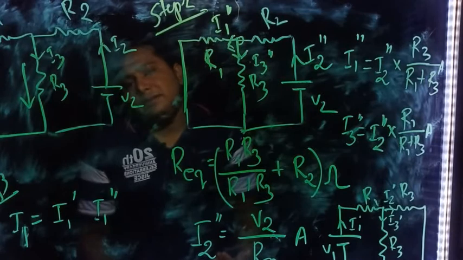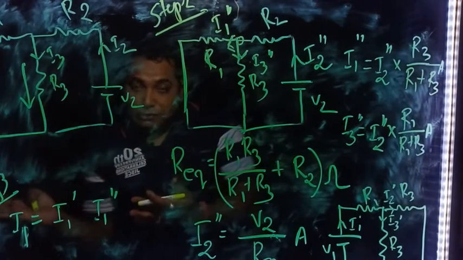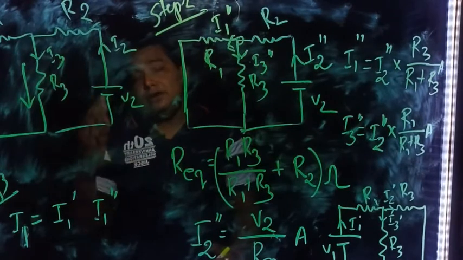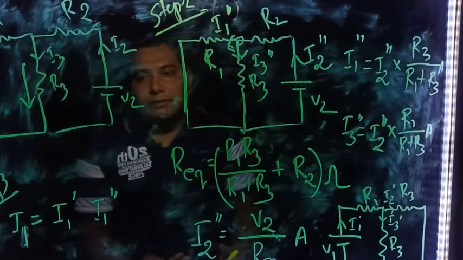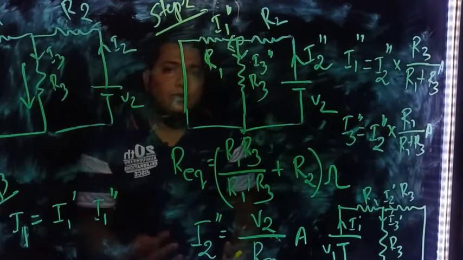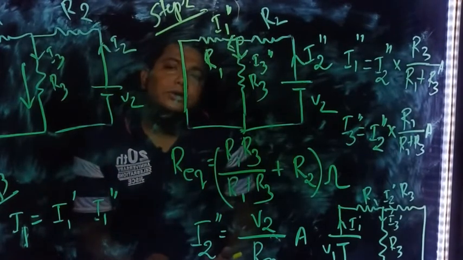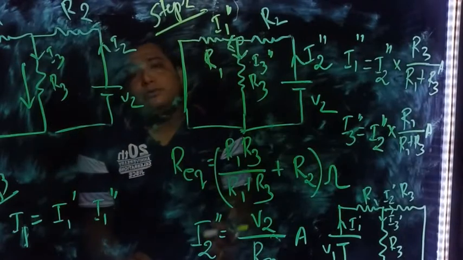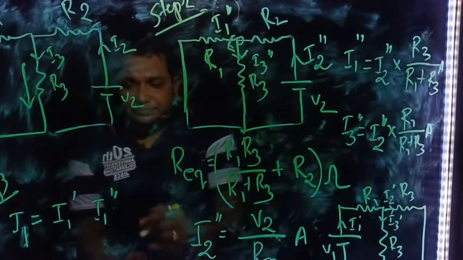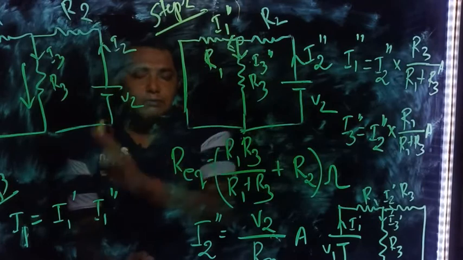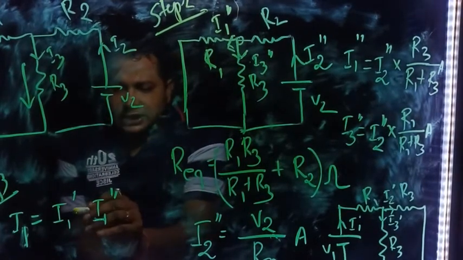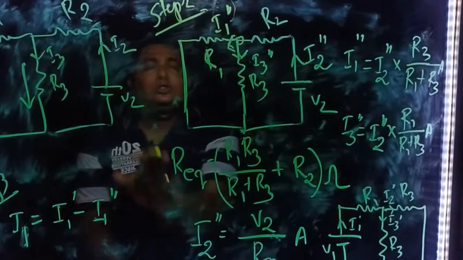Now the question is whether from I1 bar to I1 double bar it will be subtractive, or I1 double bar to I1 bar. It depends on the values. When we solve problems, you will have values, and you subtract from the bigger one to the smaller one. Say I1 bar is the higher value and I1 double bar is the smaller value, then there is a minus because both directions are opposite.